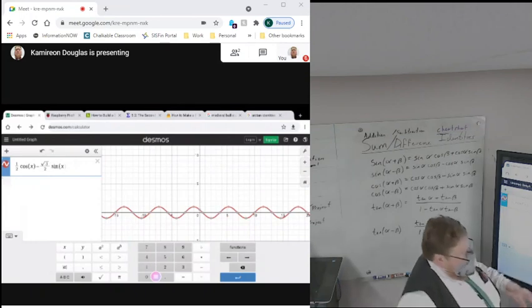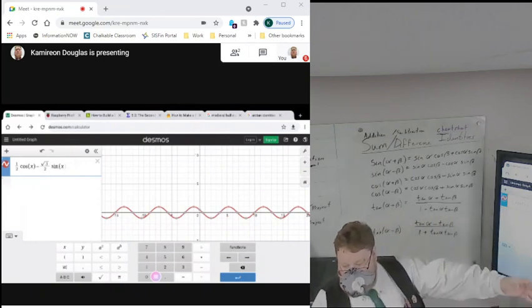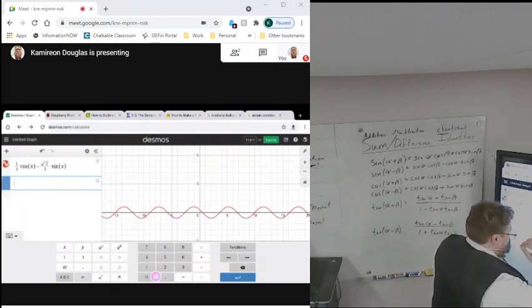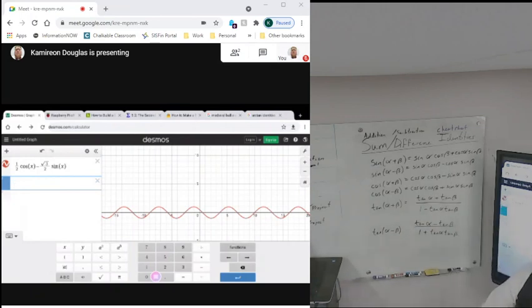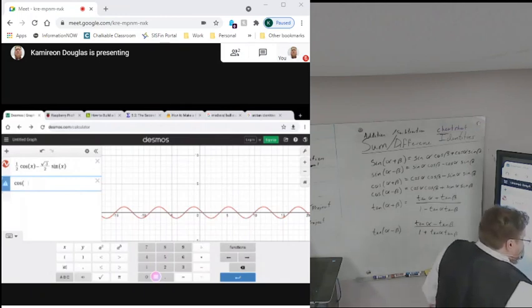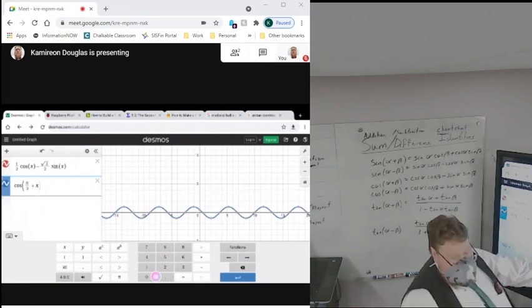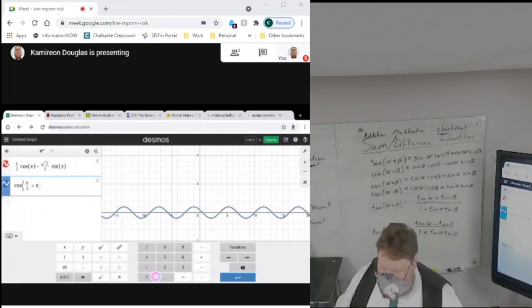So there's my equation. Ooh, pretty. Here we go. The version we got was cosine of pi over 3 plus x. Hey, look at that. Perfect.